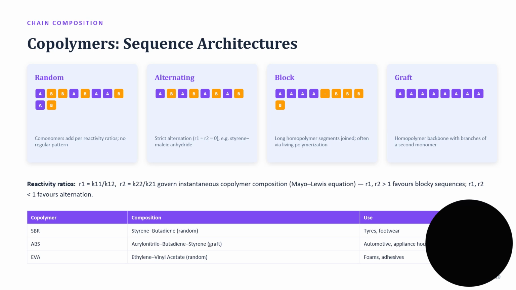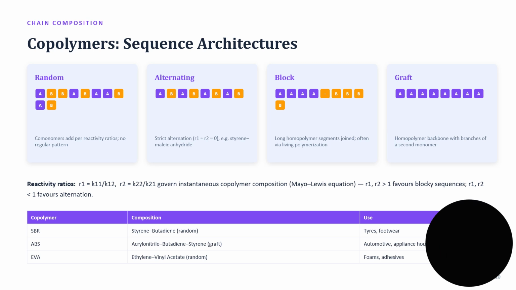Styrene-maleic anhydride is a classical alternating system. Block copolymers have long continuous segments of each monomer joined end to end, and these are typically made using living polymerization, exactly the technique we discussed on the previous slide.